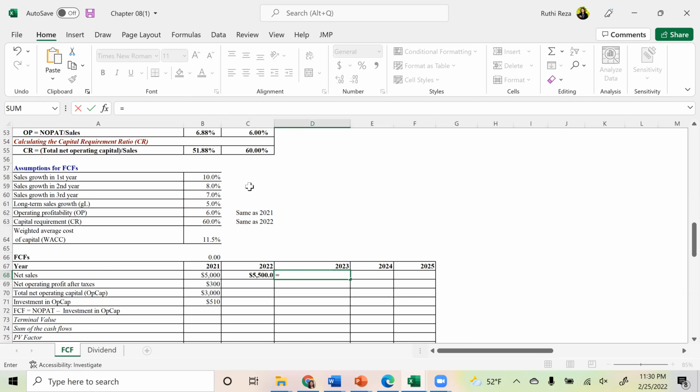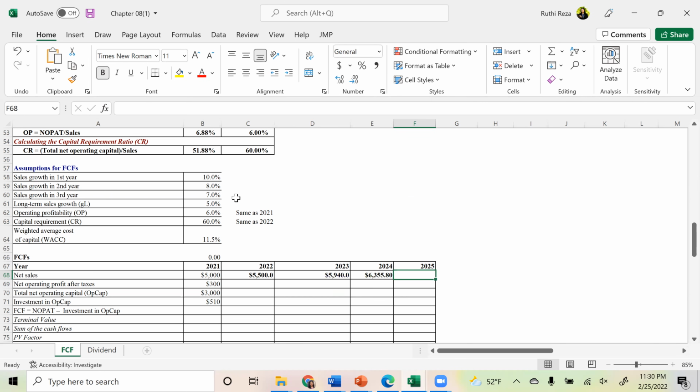And then it is expected to grow at the rate of 8% in the year 2023. And then it is expected to grow at the rate of 7% in the very third year. And then after year number 3, this net sales is expected to grow at 5% rate for indefinite time period.